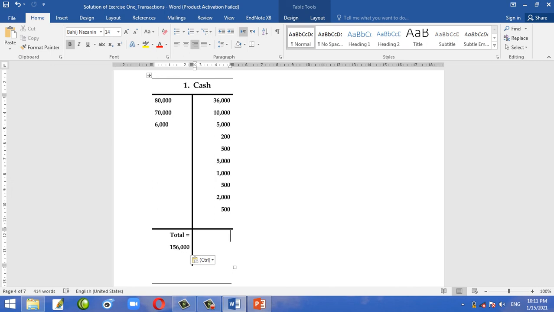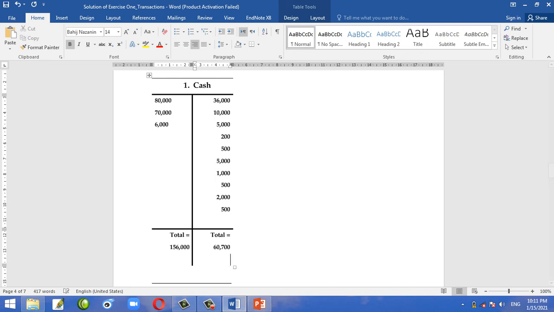The total of the credit side is equal to 60,700. So guys, here we see that the debit side is greater than the credit side.